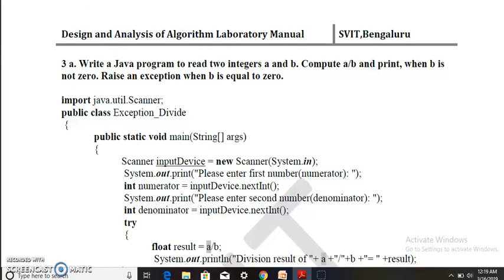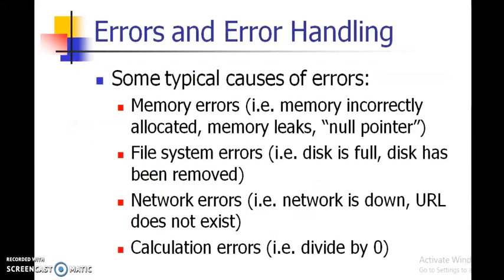Let us look at some of the runtime errors that might occur, and the typical causes for these errors. Memory errors, that is memory incorrectly allocated, memory leak, accessing a null pointer.